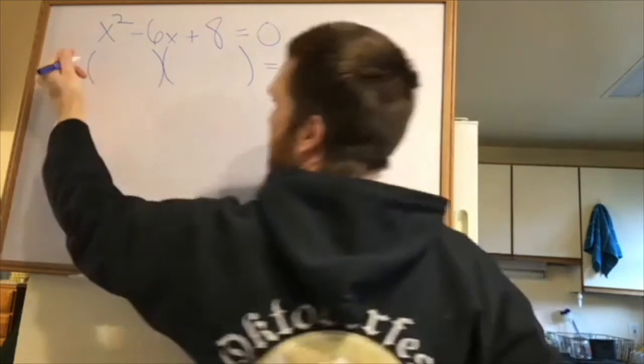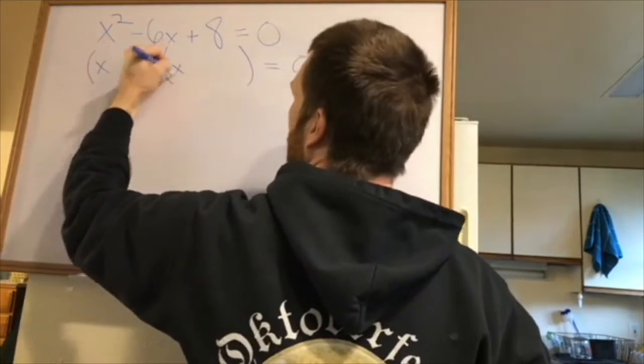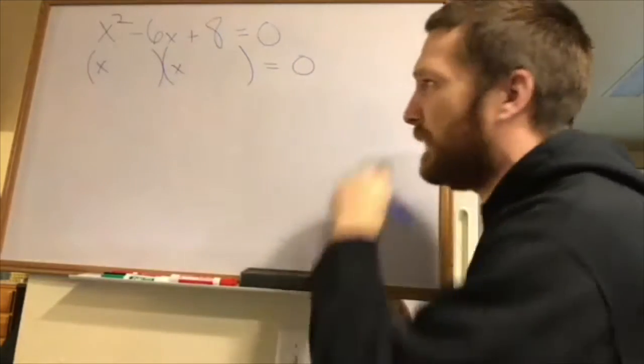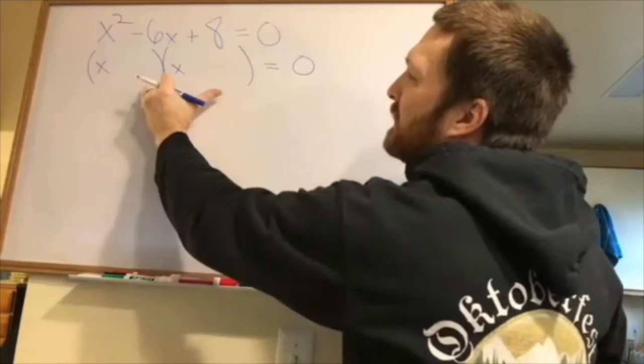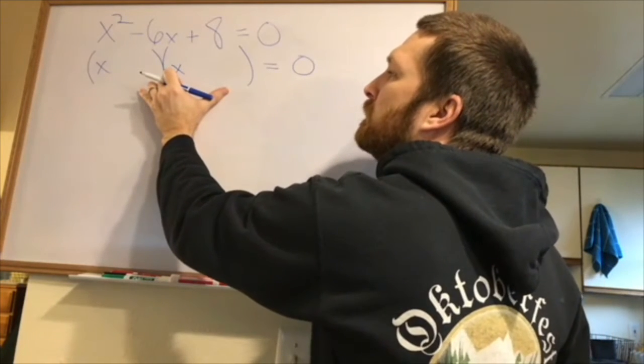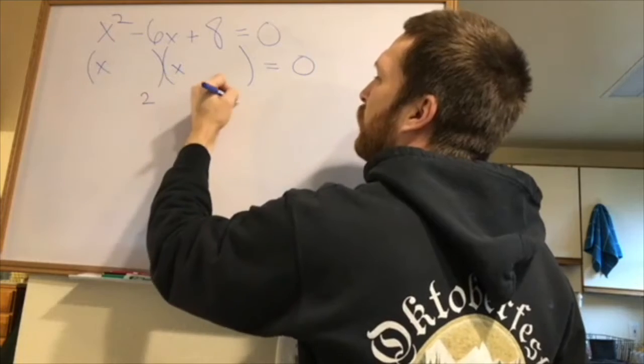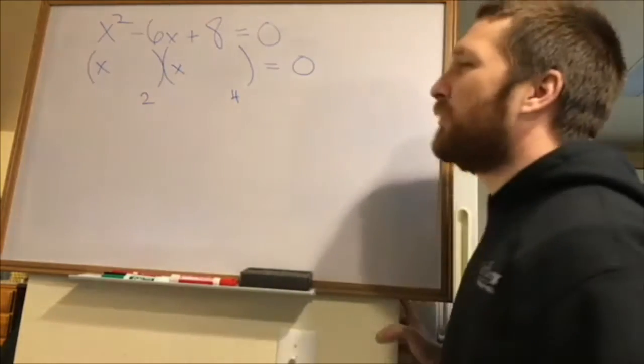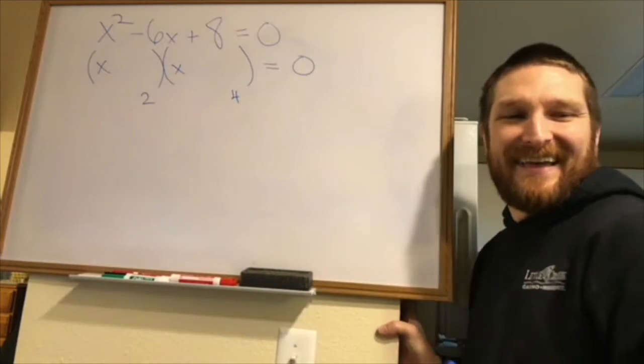X. X is the only way, because x times x gives me x squared. Okay, now what are my possibilities for out here? 2 and 4. I like 2 and 4 because I hear 2 and 4 and I think 6, right?